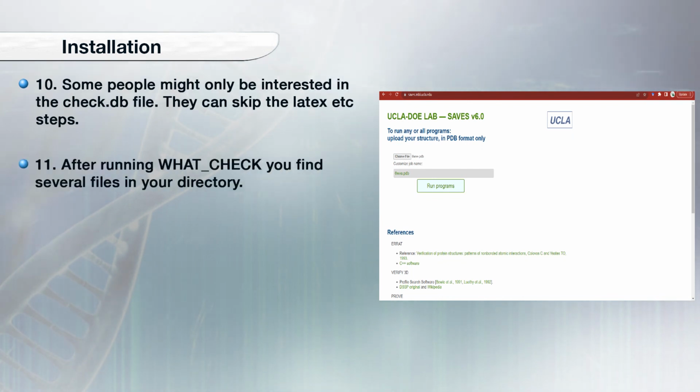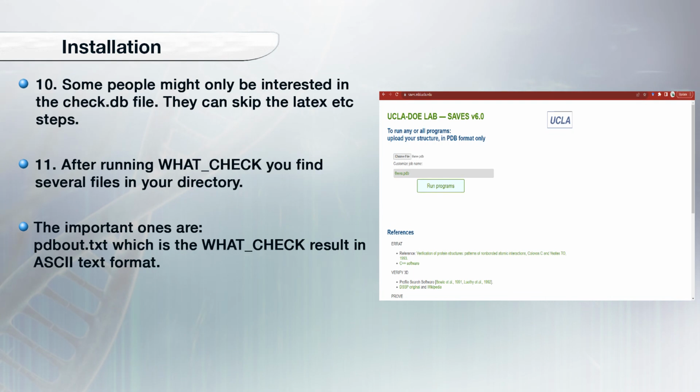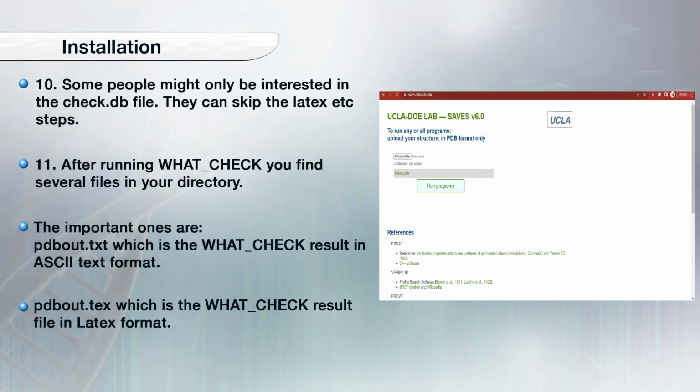So, after running WHAT IF, the several files in our directory will include pdbout.txt, which is the WHAT IF result in ASCII text format, and the pdbout.tex file, which is the WHAT IF result file in LaTeX format.